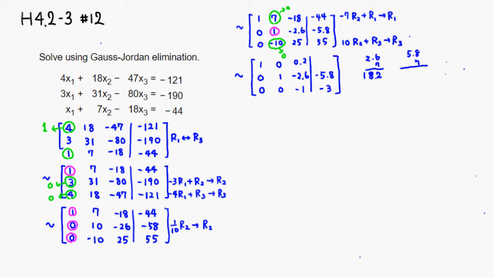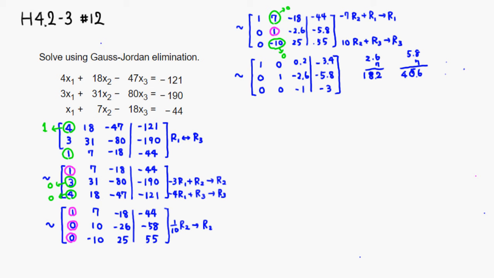And 7 times 8 is 56. 5 times 7 is 35, so it's 40.6. So it's going to be added to negative 44. So it's going to be negative 3.4. Right, so we got that.